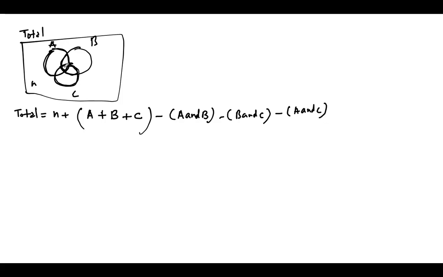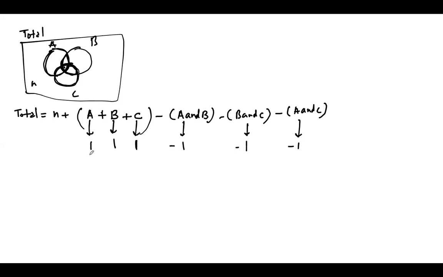See, let's focus on this region. Once I have considered A, I have included this region once. Once I have included B, once. Once I have included C, once. Then I have subtracted A and B, so I have also subtracted this once. Similarly, B and C once, and A and C once.